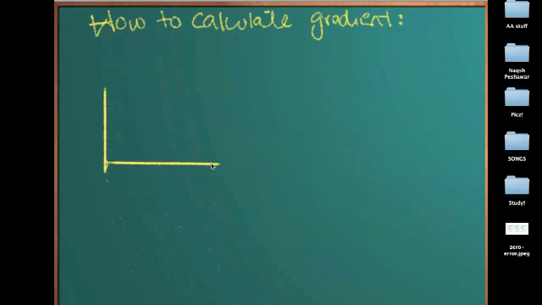This is a graph here. For example, this is a distance time graph. This is meters here and this is time. You should always understand that if this is meters, this is distance, and this is time. So it's a distance time graph.